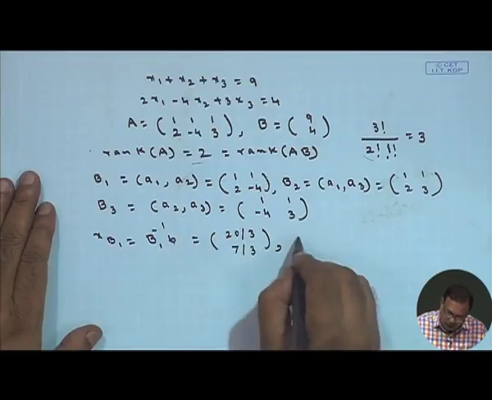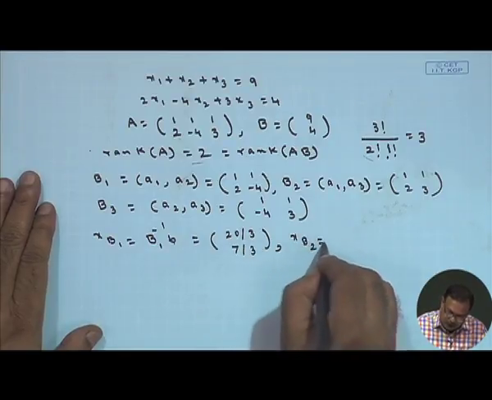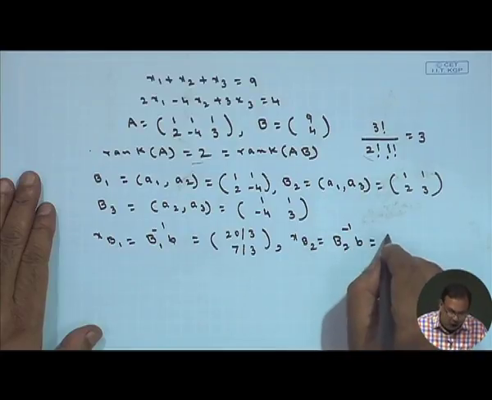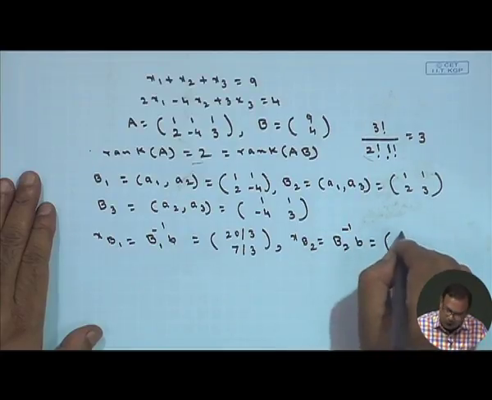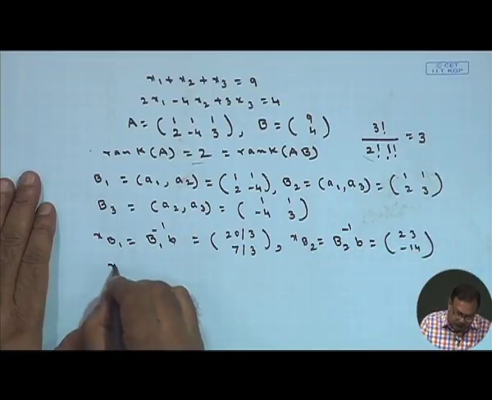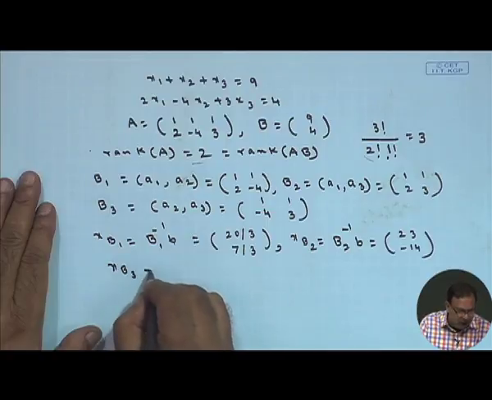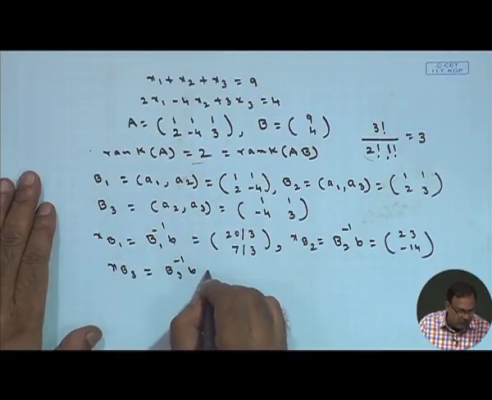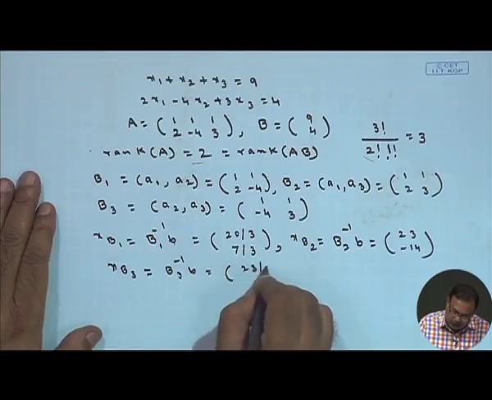Similarly, x B2 will be B2 inverse into B. The result will be 23, minus 14. And for the third one, x B3 equals B3 inverse B, and this will be 23 by 7 and 40 by 7.